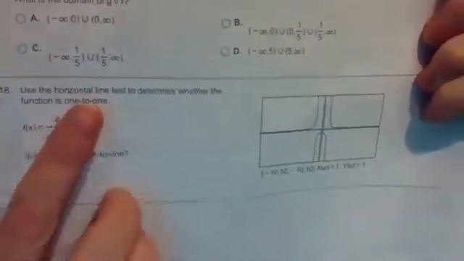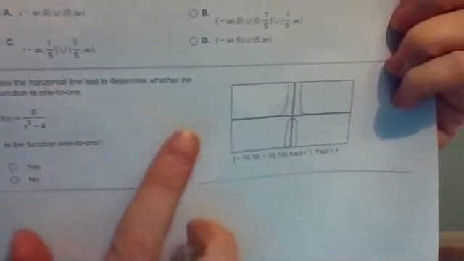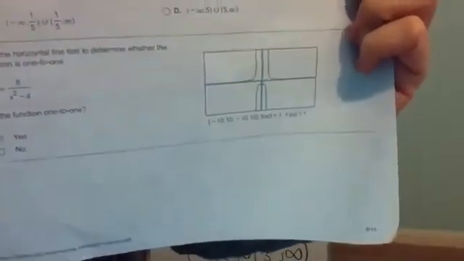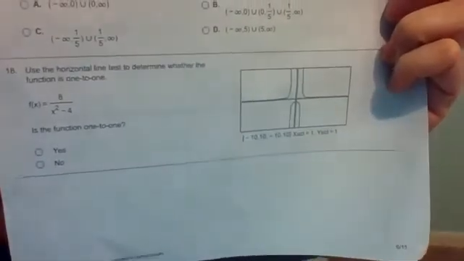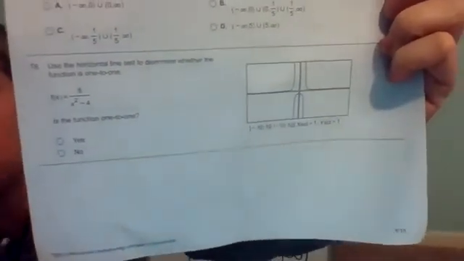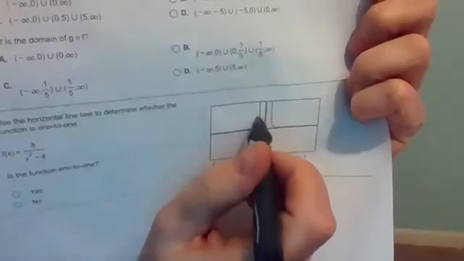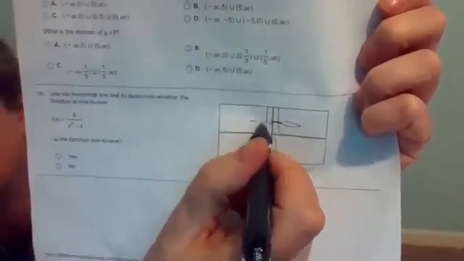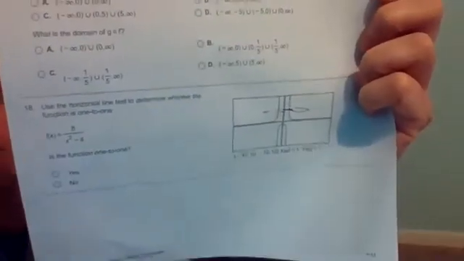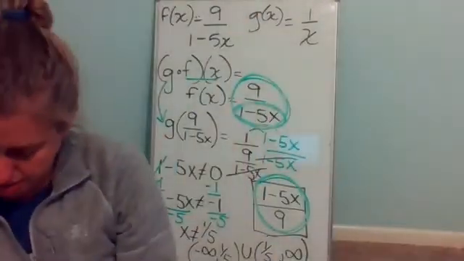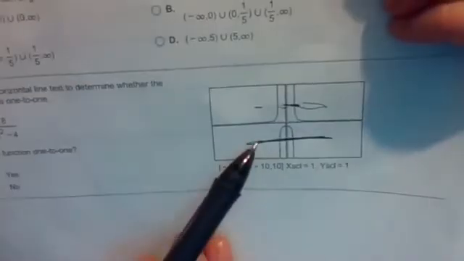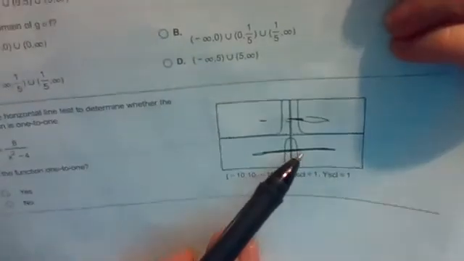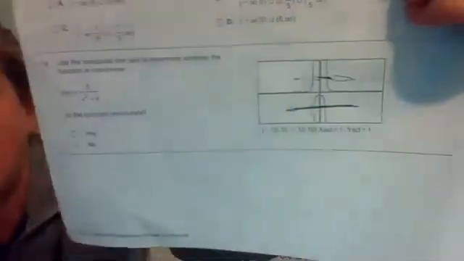here, it wants us to use the horizontal line test to determine if this function is one-to-one. So remember what the horizontal line test says, if there's anywhere you can draw a horizontal line, oh, my pen's not working very good, but a horizontal line, if you touch it more than once, okay, even down there, if you touch it more than once, which I touched it one time here and one time here, so I touched it twice.